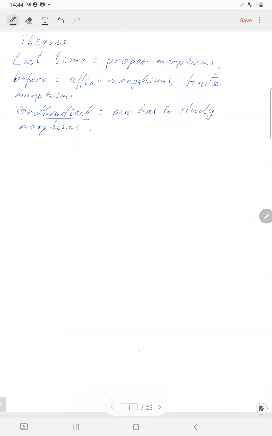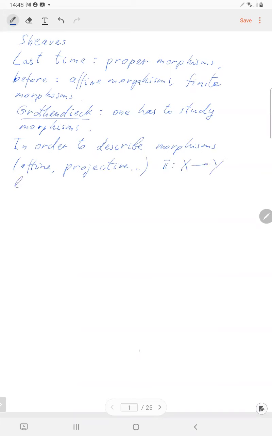The point is that in order to describe morphisms, say affine or projective, like pi from X to Y, locally over Y, we will need sheaves of OY modules, or maybe OY algebras.